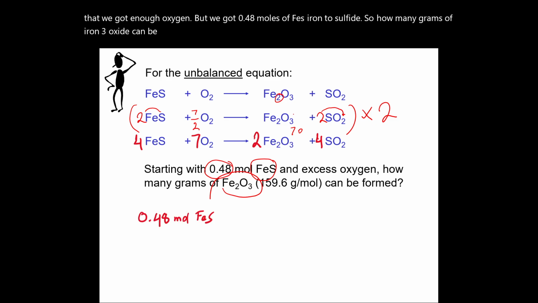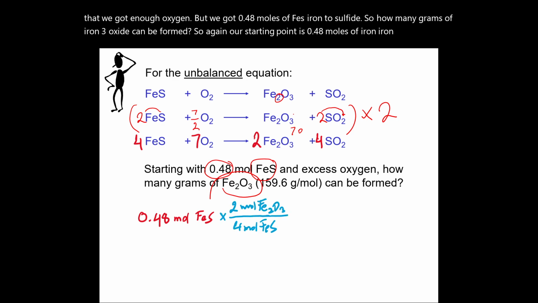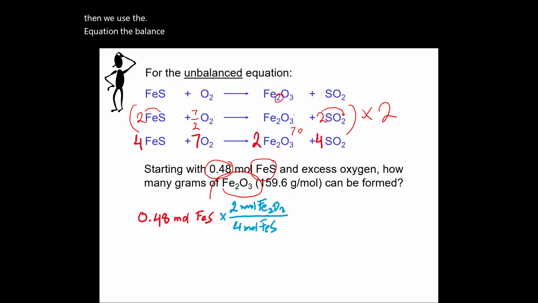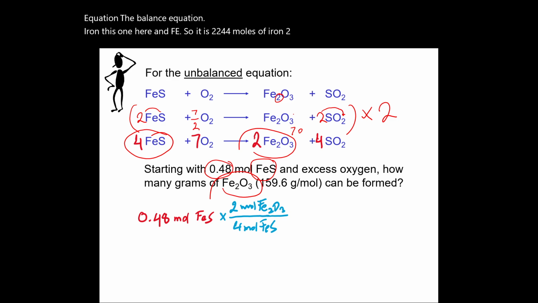So again, our starting point is 0.48 moles of iron(II) sulfide, and then we use the balanced equation. So 4 moles of iron(II) sulfide can generate 2 moles of iron(III) oxide.